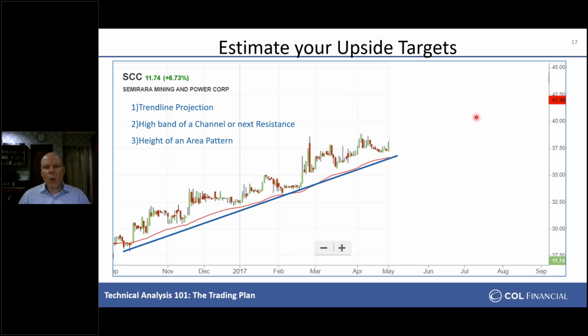Let's say if we go all the way up here, where will prices be sometime in September? So all I do is start with this trend line that I have, and I will now extend the trend line, drawing it at the same angle over time all the way roughly up here. And this gives me a projection of where the price should be at minimum, assuming that this uptrend continues at the pace that it is climbing.